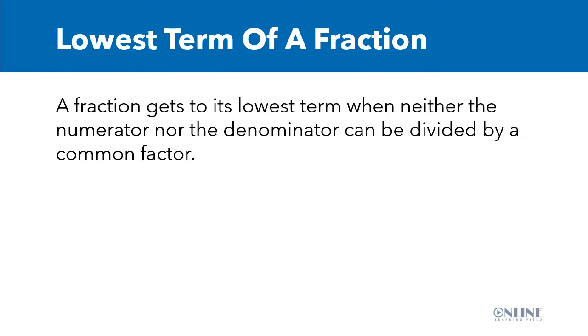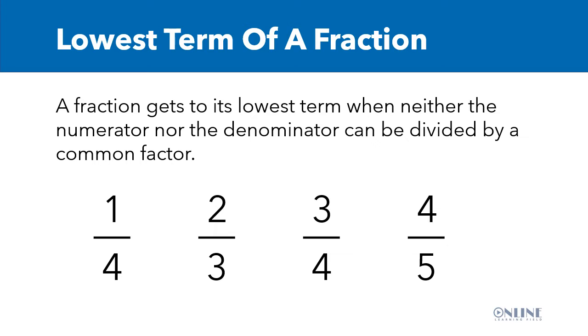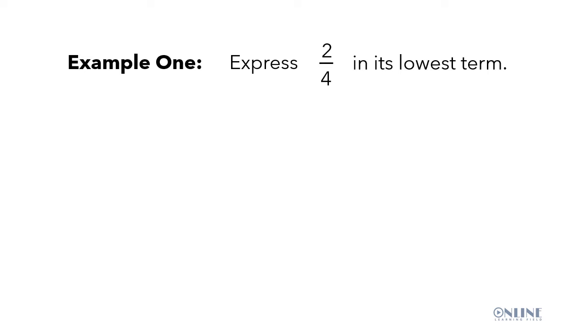A fraction gets to its lowest term when neither the numerator nor the denominator can be divided by a common factor. Therefore, 1/4, 2/3, 3/4, and 4/5 are all examples of fractions in their lowest terms.